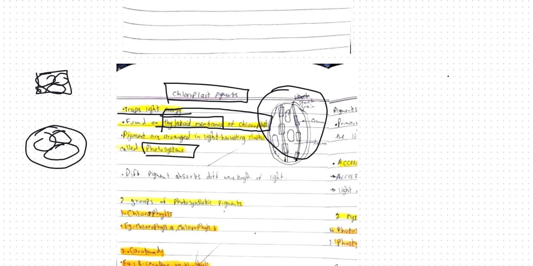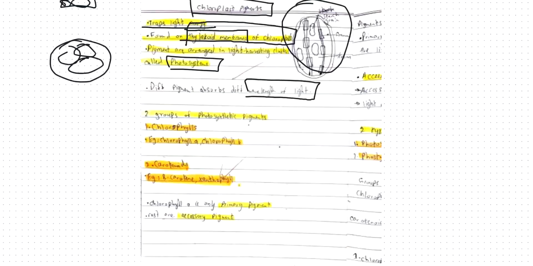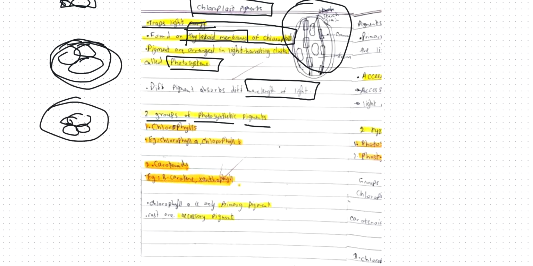Different pigments absorb different wavelengths of light. And remember that there are two groups of photosynthetic pigments. When many pigments combine together, they form a group. And there are two types of groups you have to know.